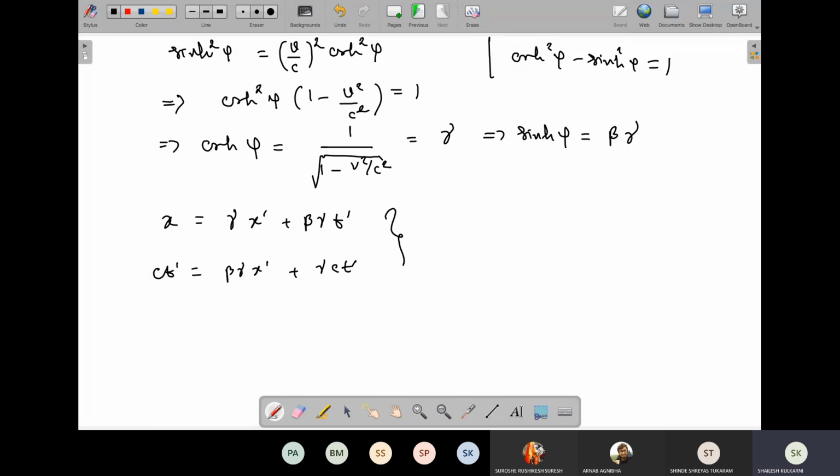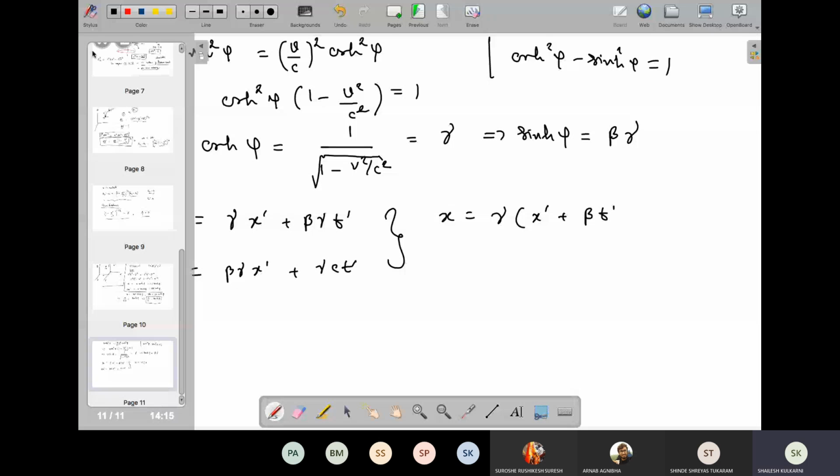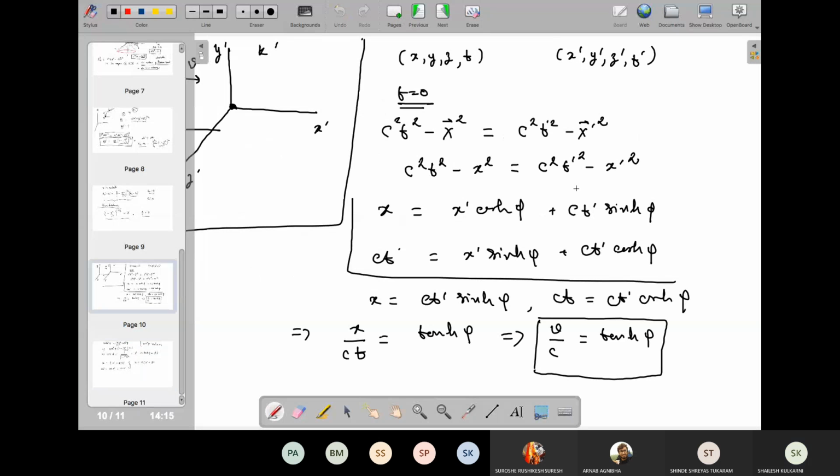So this is nothing but x equals gamma x prime plus beta t prime. Okay, there is a c somewhere. Sine hyperbolic is beta gamma, so c, I missed it, c is there. Fine. So this is your x prime.